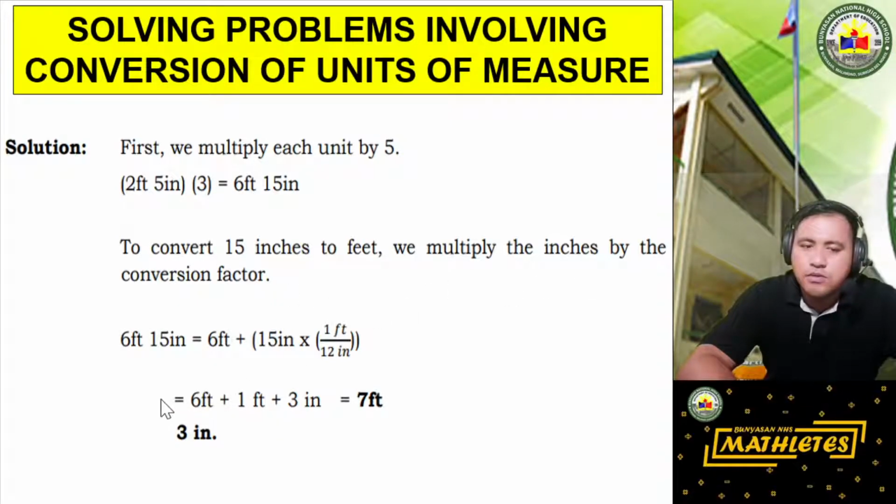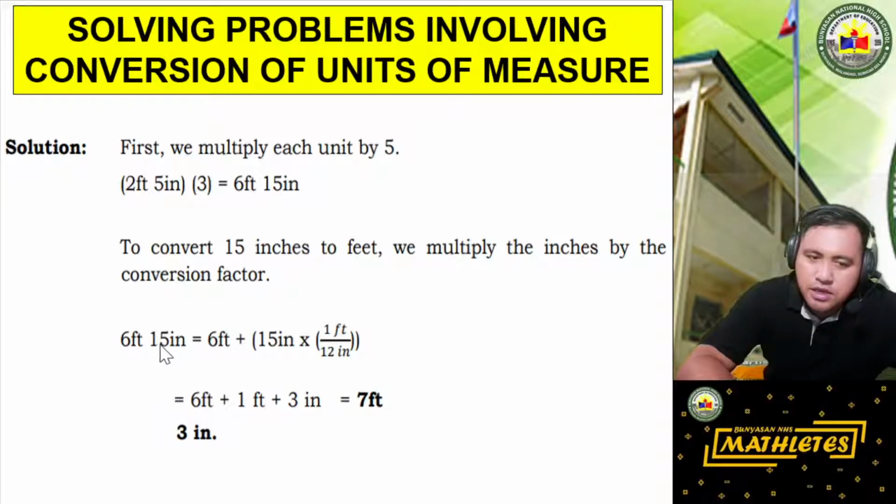So, we have 6 feet and 15 inch is equal to 6 feet plus 15 inch. We are going to convert only the 15 inch. So, we have times 1 foot over 12 inch. So, cancel inch. So, that is 15 times 1 is 15 divided by 12.